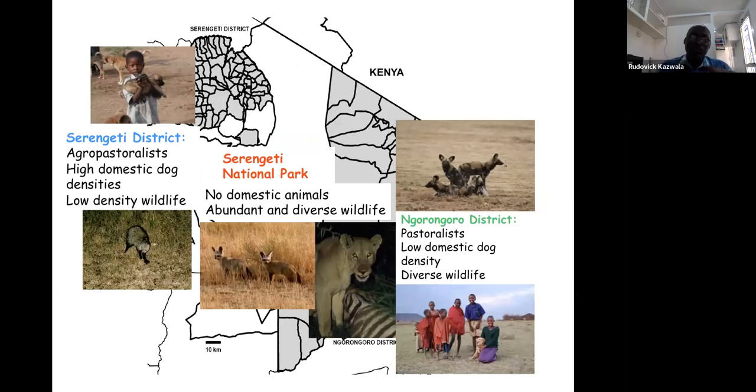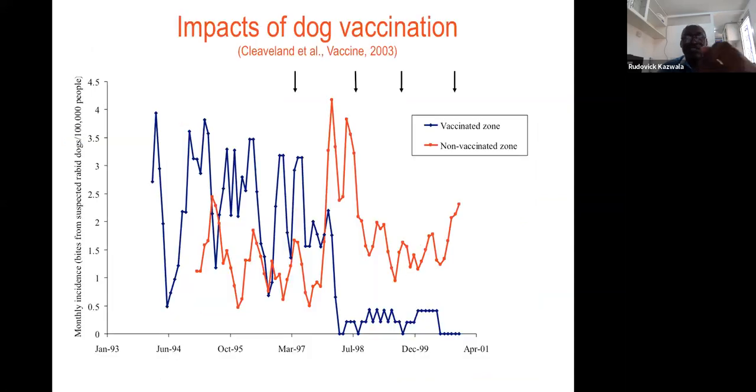And the trend could show that where we had low, still wild dogs could be observed, but where we had a high domestic dog density, there were a few of these dogs in that national park. And the vaccination was introduced, and the trend was reversed in terms of population of the dogs.